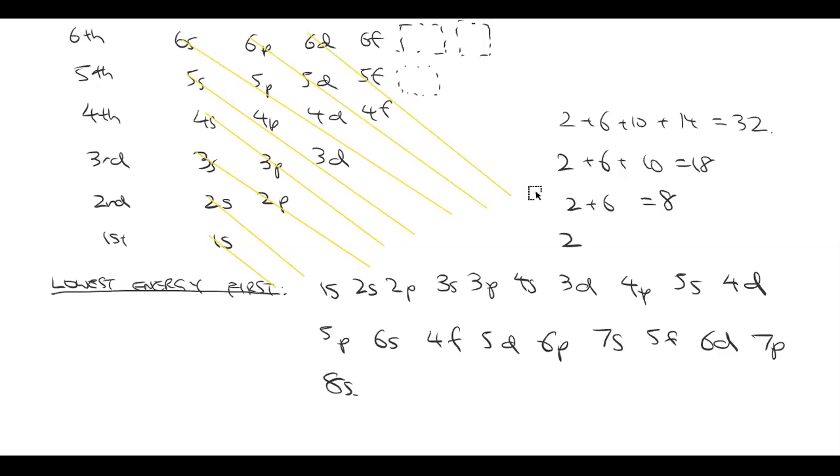So that's why 1s, 2s, 2p, 3s, 3p, 4s, 3d, 4p, 5s, 4d, 5p, 6s, 4f, 5d, 6p, 7s, 5f, 6d, 7p, 8s, and so on.